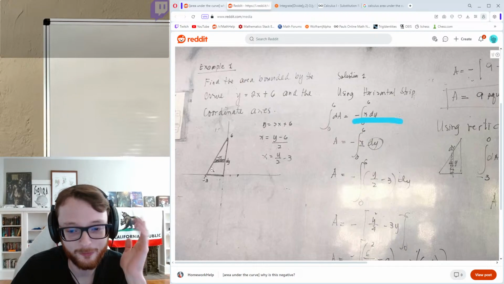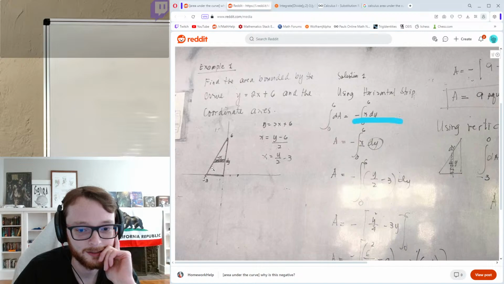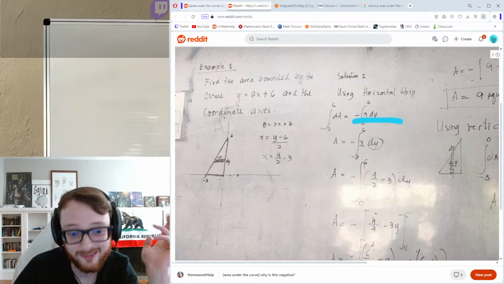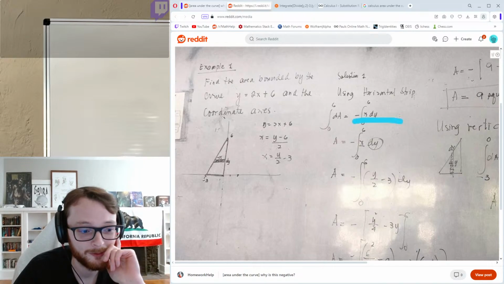But what was kind of strange was that there's nothing wrong with a negative area in the calculus sense. But the problem says the area bounded by the line and the coordinate axes, so maybe that's why they just want the absolute value.